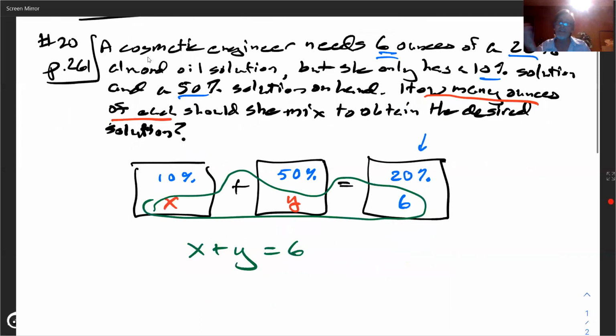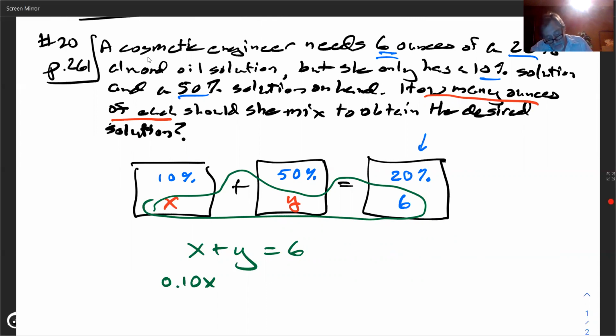Now the second equation is found by the boxes being multiplied down. So I'm going to change that 10% to 0.10 times x. 10% of that is almond oil. So that's how you find 10%.